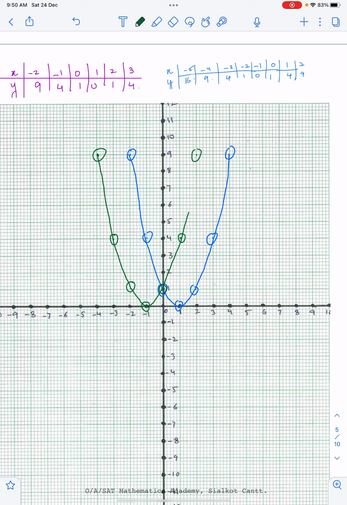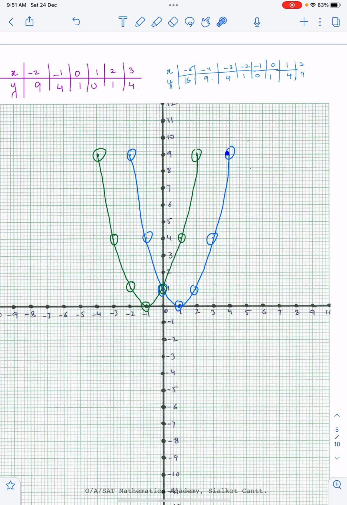what you are observing here is that every y coordinate is the same, the x coordinates have changed their signs. So we can say that the graph of y equals f of negative x is a reflection of the graph of y equals f of x in the y-axis.